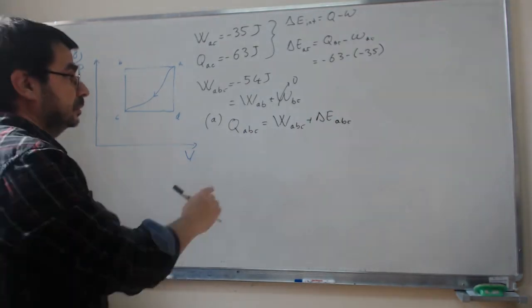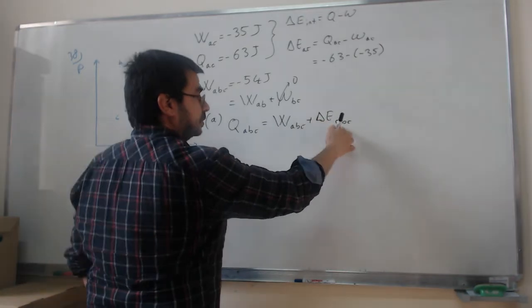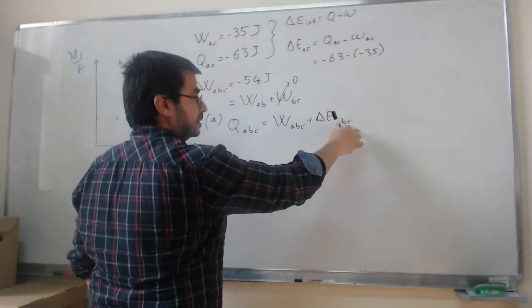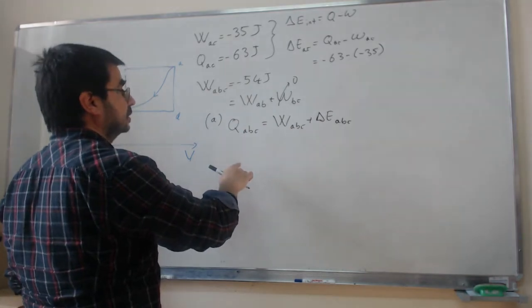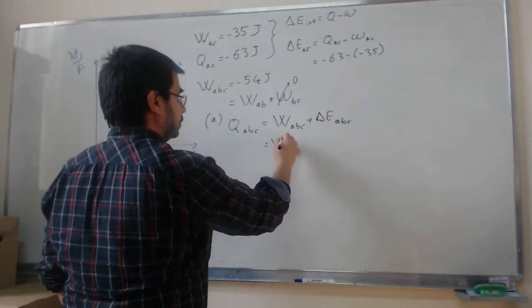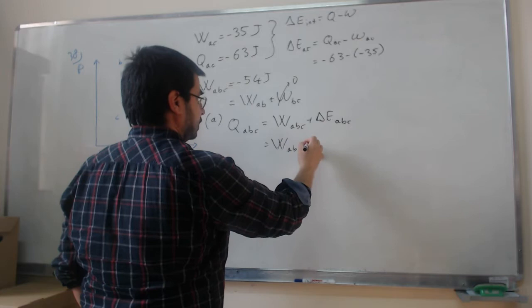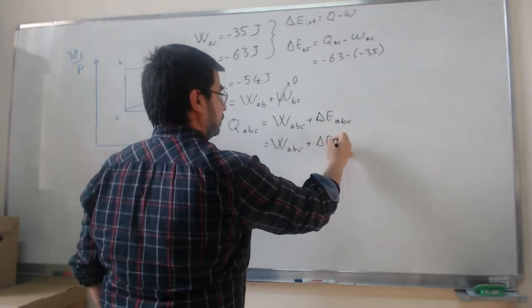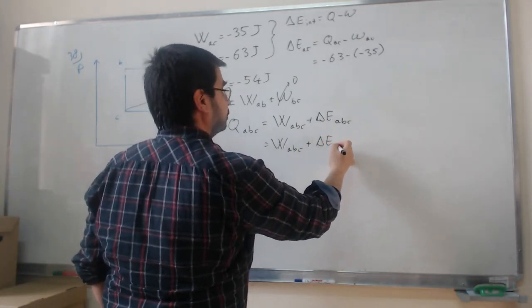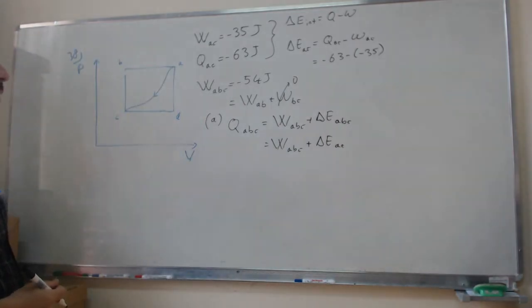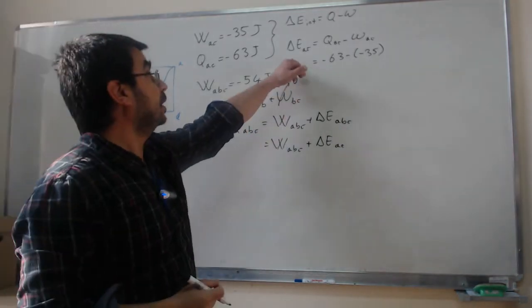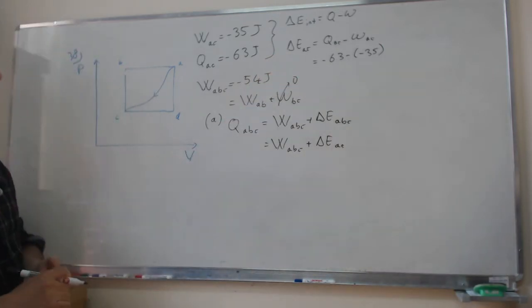This is internal energy, a state function, so this is simply delta E from A to C. W_ABC is just a given number, plus delta E from A to C, because it's a state function. How you go from A to C does not matter, and this is also something you can calculate from the given values. You just substitute the values in and you get your answer.